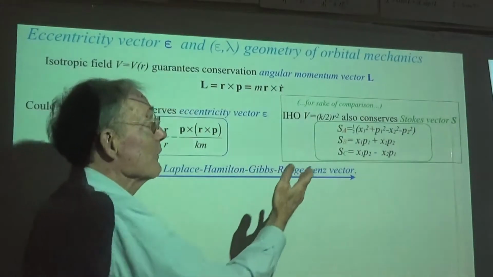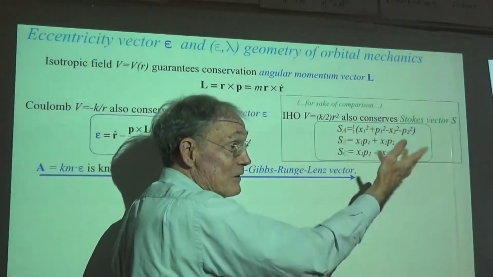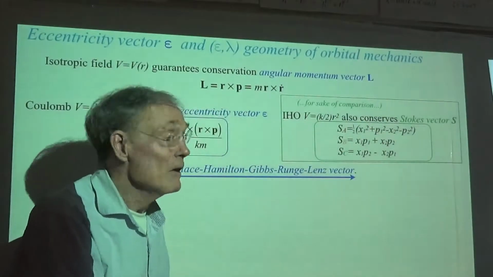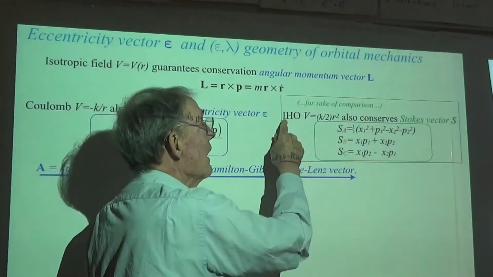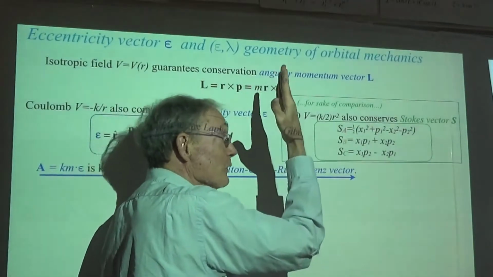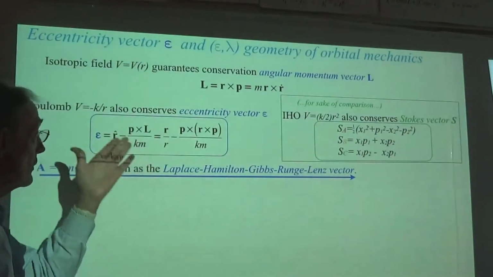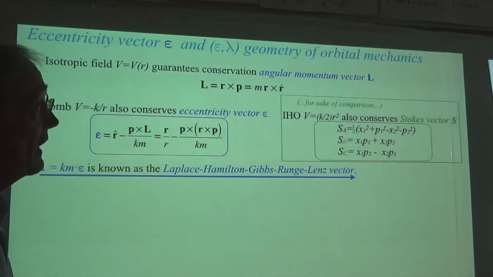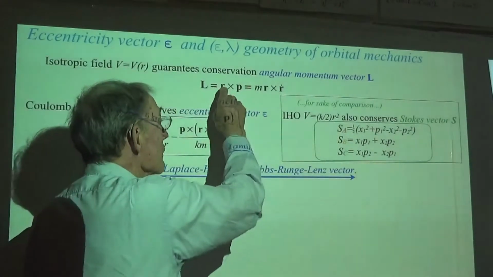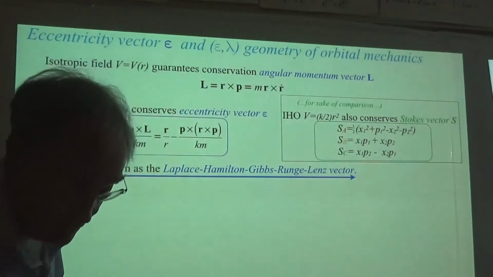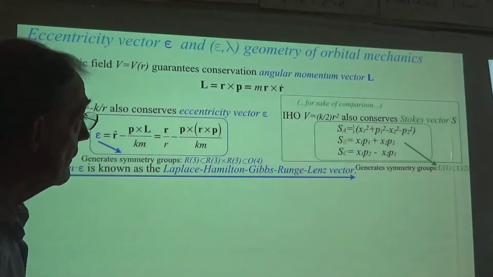And we've been working with the Stokes vector for that in the last few lectures, right? Well, the IHO conserves this vector, whereas the Coulomb conserves, in addition to angular momentum, they both conserve angular momentum, any angular momentum, for isotropic things.